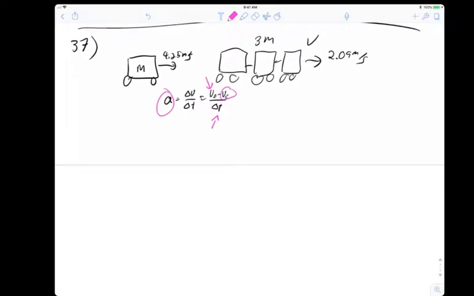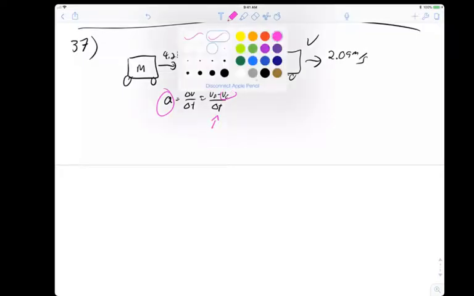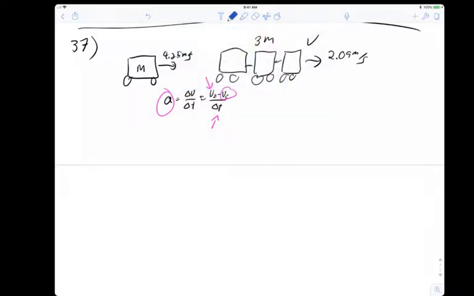This is another system that's way easier to do in the, well, actually, hold on. It's not that much easier to do. How's this going to work? Here's the deal. This guy is moving. These ones are moving. They're going to attach together.